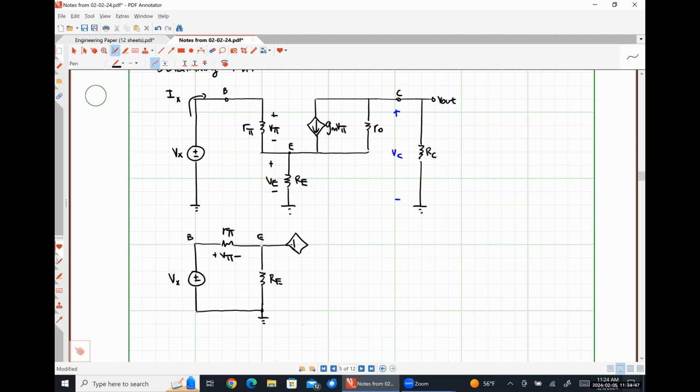So something like this, plus minus, where I'm going to have GM R naught times voltage V pi, in series with resistor R naught. This node over here is my collector, and then between the collector and ground, I have my resistance RC.